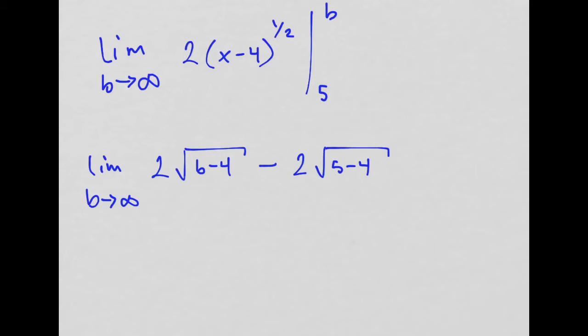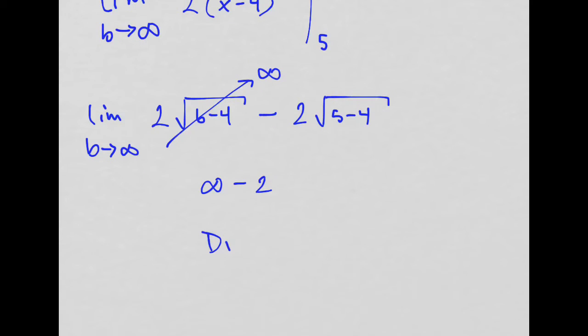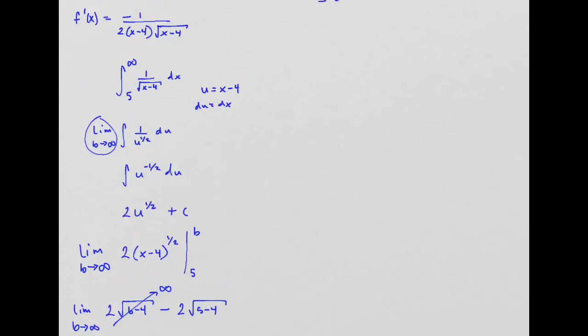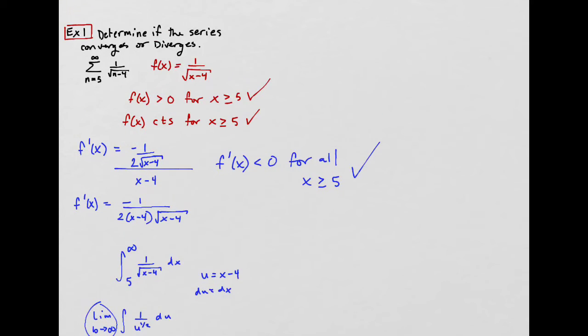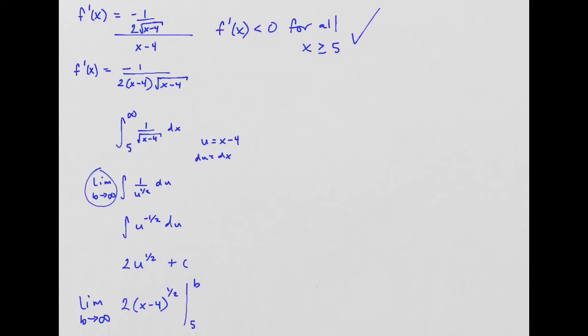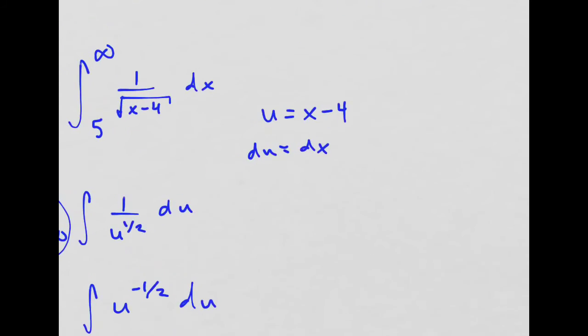So this part looks like it goes to infinity. Infinity minus 2. Well, that looks divergent to me. So we would say that the series diverges because, well, the improper integral diverges.